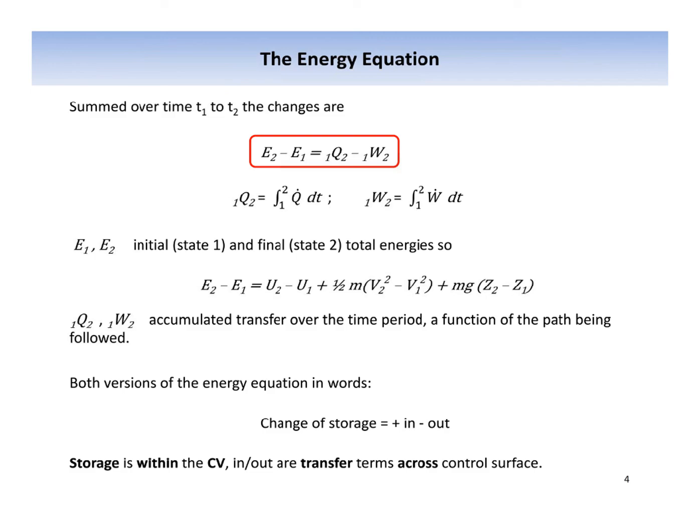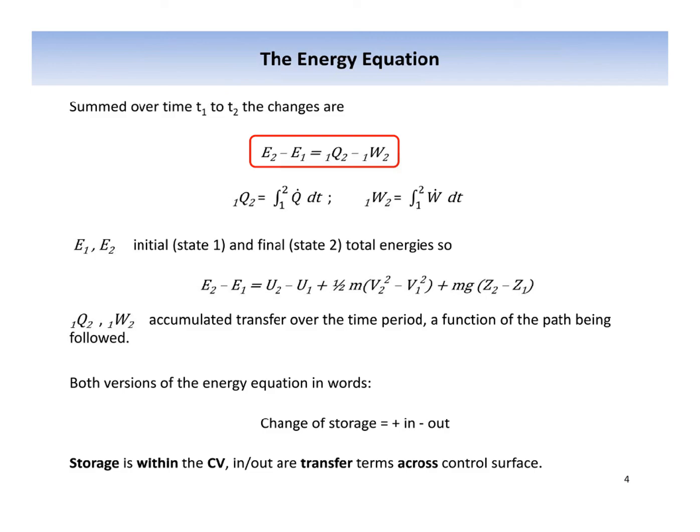U is the internal energy, as we have already discussed in the previous lectures, U2 minus U1, because internal energy is a property of the system, whereas heat and work are not properties of the system. Heat can enter or leave the system, but it is not a property of the system. We cannot quantify that this amount of heat is present at state 1.